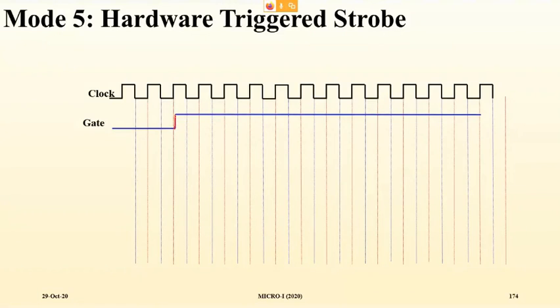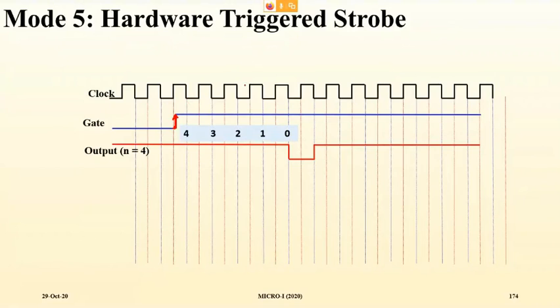Here you can see the gate is making a transition from low to high, and the count will start only after this particular transition takes place. So suppose you have loaded 4 and gate has transitioned from low to high, the count will start 4, 3, 2, 1, 0. And remember, 0 is the terminal count here, and after 0, the output will remain low for one clock period, only one clock period, and then it will remain high for rest of the time.